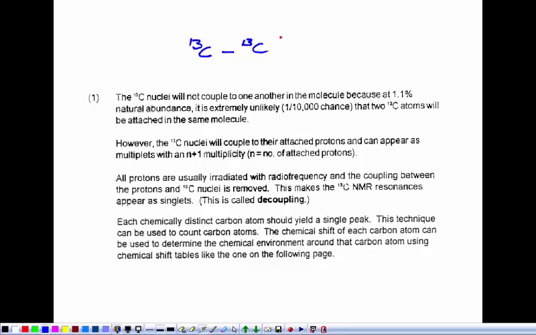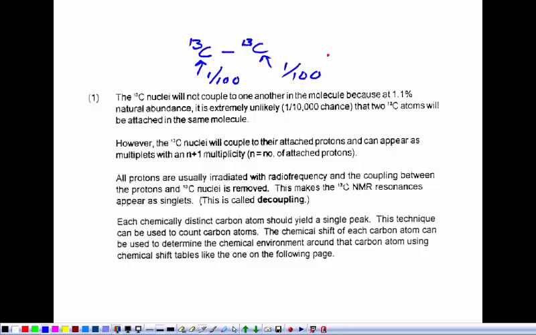Well, in carbon-13 spectra, n is the number of attached hydrogens. So if you had a CH, it would be a doublet. If you had a CH2, it would be a triplet, and if you had a CH3, it would be a quartet.